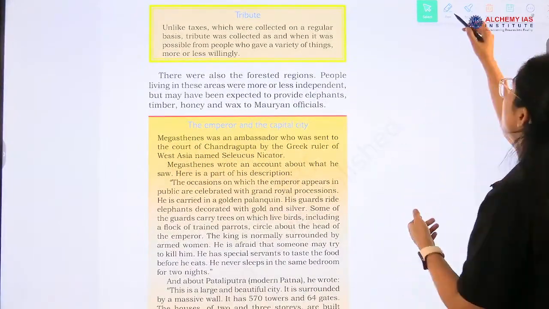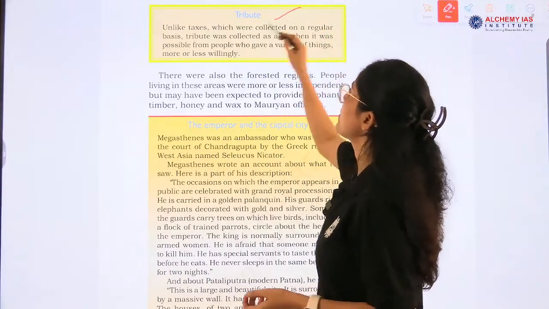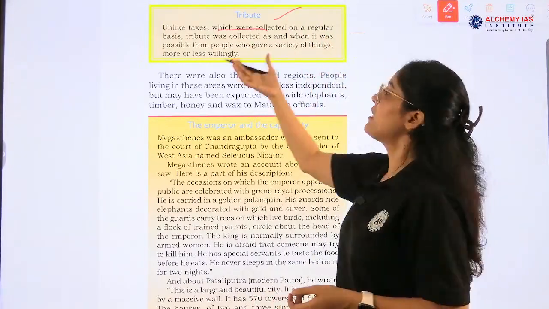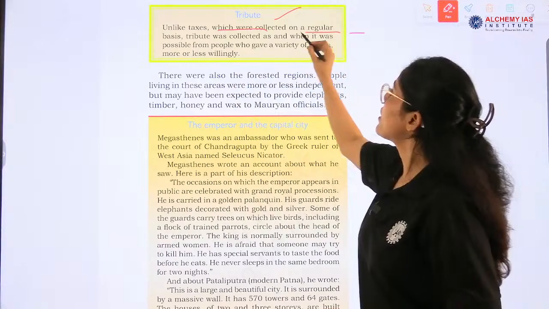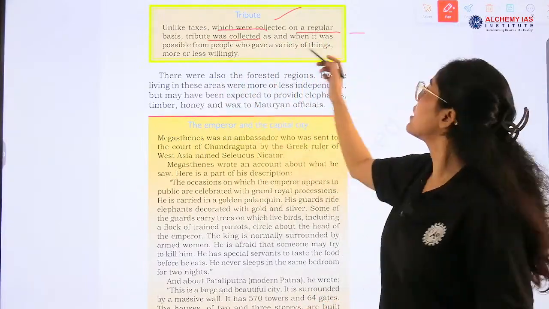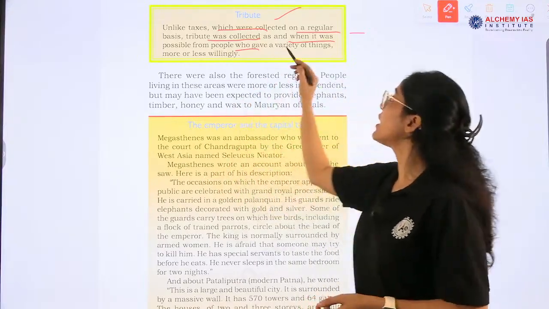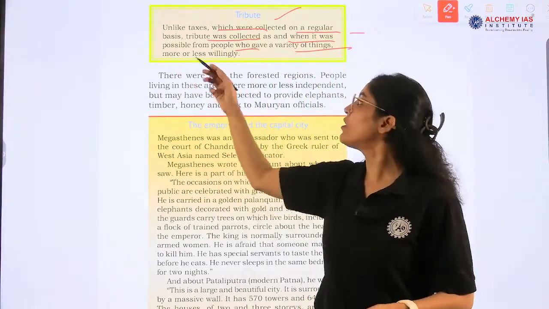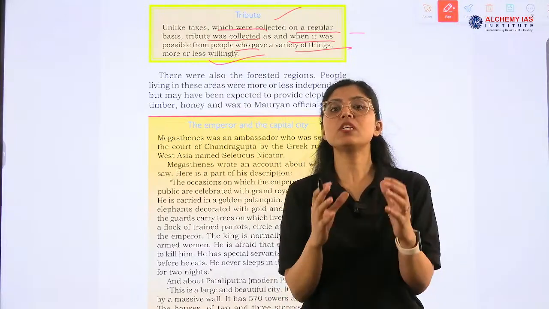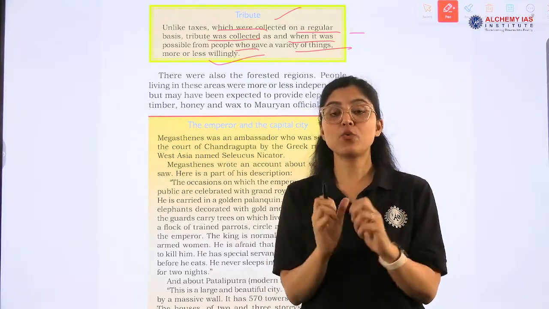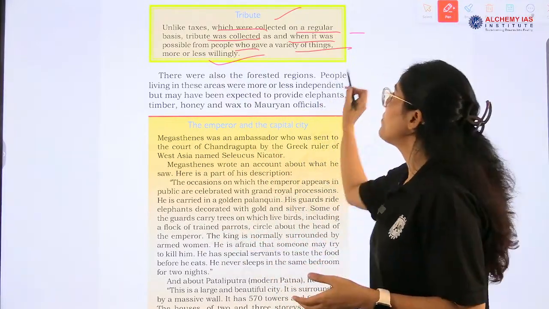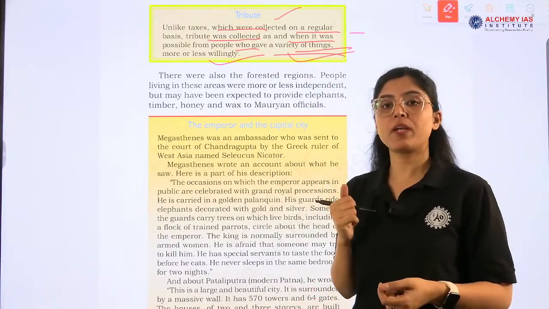Now what is a tribute? Unlike taxes which were collected on a regular basis, tribute was collected as and when it was possible from people who gave a variety of things more or less willingly. Tribute is not mandatory, it was given willingly.